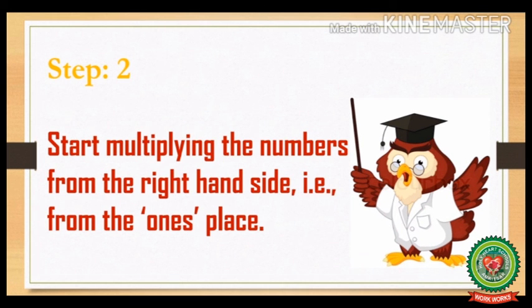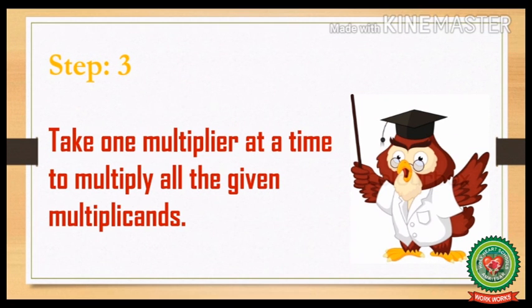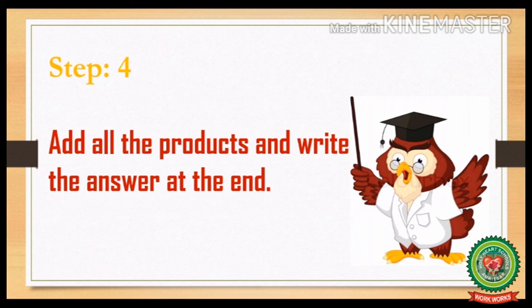Start multiplying the numbers from the right hand side, that is from the ones place. Step 3. Take one multiplier at a time to multiply all the given multiplicands. Step 4. Add all the products and write the answer at the end.